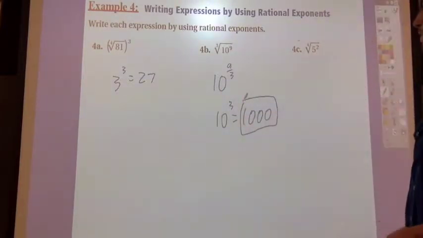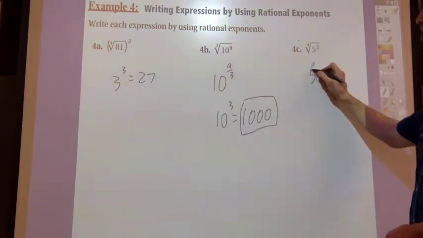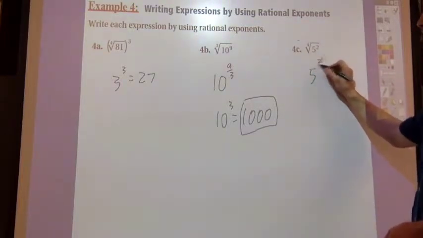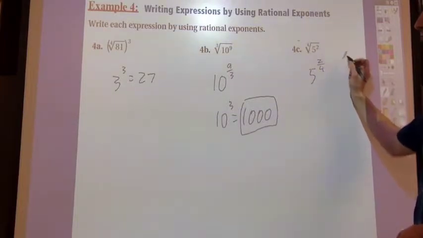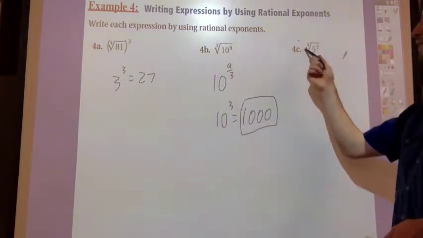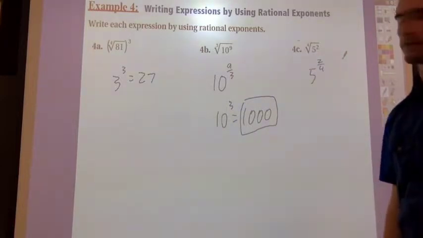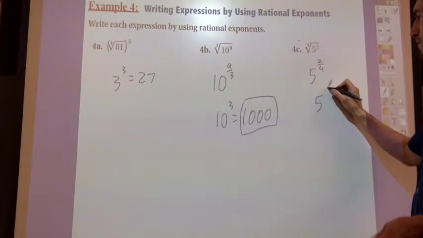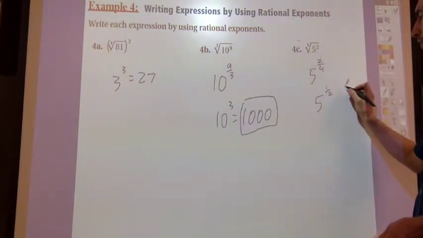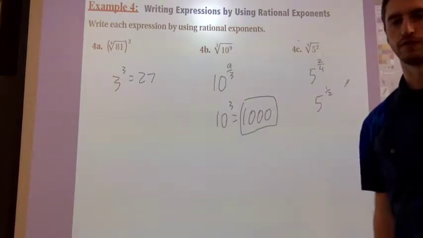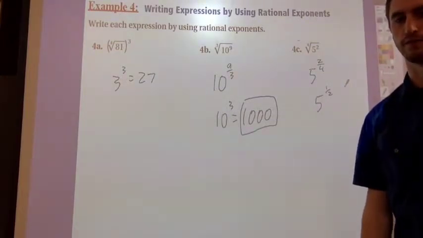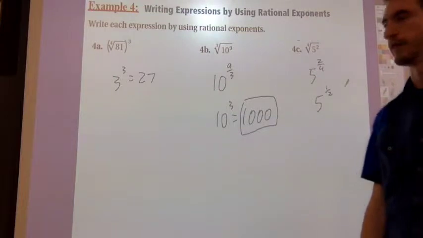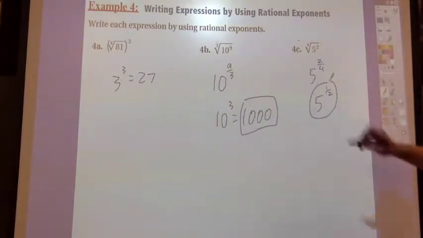Okay, and then this one is 5 raised to the 2/4, right? Because it's 5 squared, and then that whole thing being 4th rooted. So we put the 4 on the bottom, and we can simplify that to 5 raised to the 1/2, and that's just the square root of 5. It's not an easy number to write, so we can leave it like that.